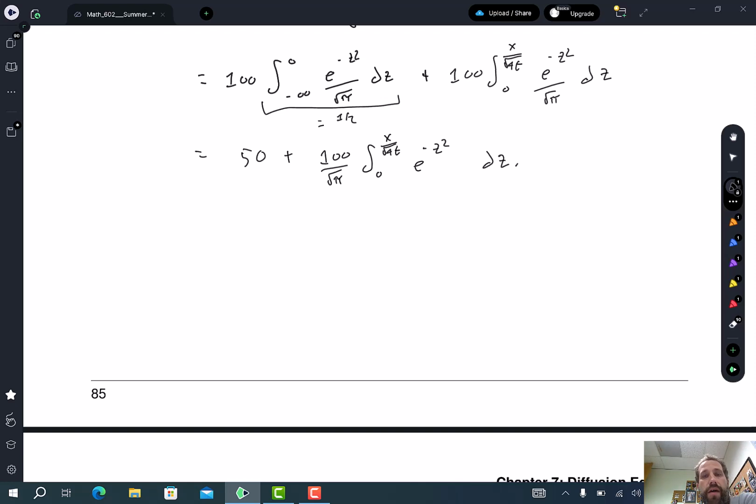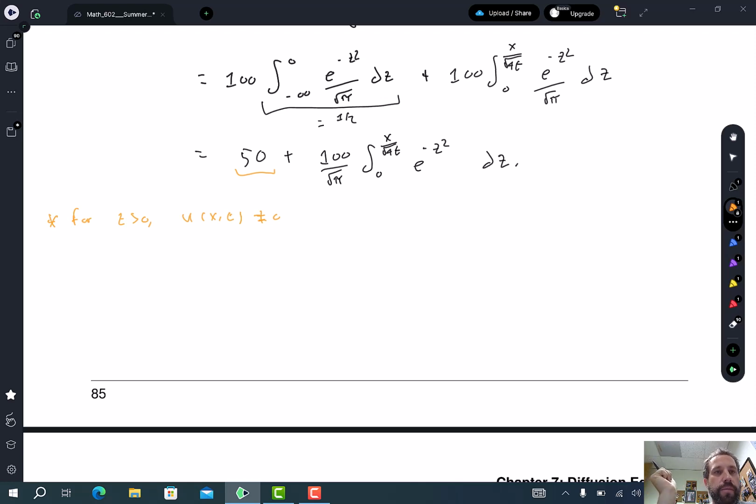But I just want to point out two things here. The solution is non-zero for any t greater than 0. The solution u of x,t is never equal to 0. In fact, it's at least going to be equal to 50 at any point on the whole real line.